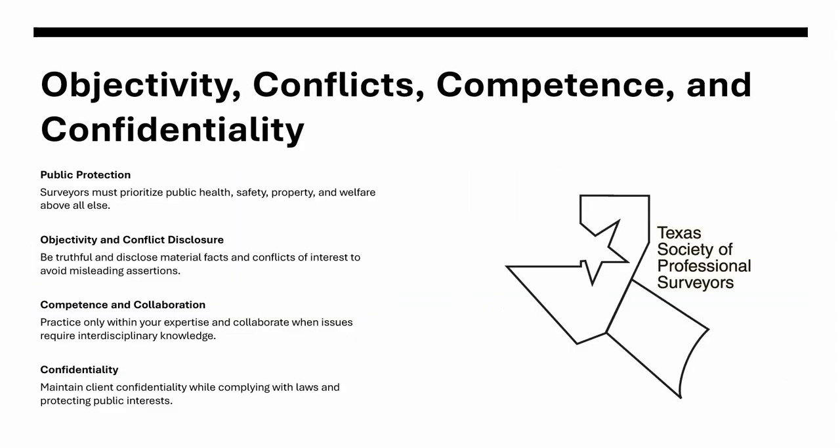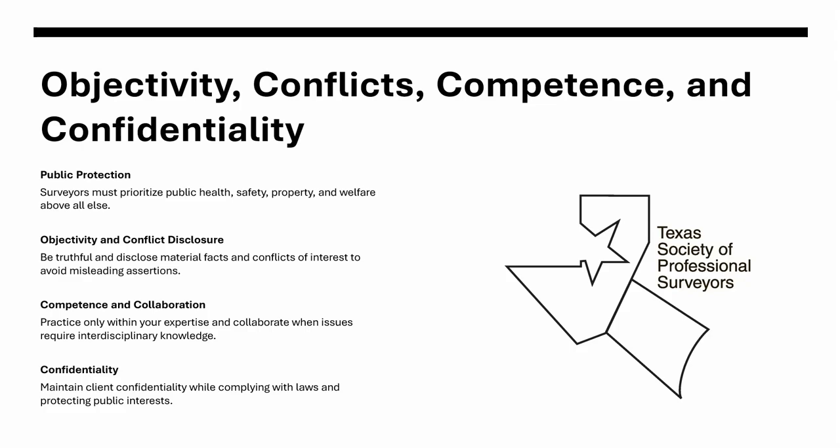And the board's ethics subchapter is short, powerful, and highly tested on the FS exam. First, there's public protection. This is the prime directive. Surveyors shall protect the health, safety, property, and welfare of the public. If an error could mislead an agency or the public, it is your responsibility to correct it.